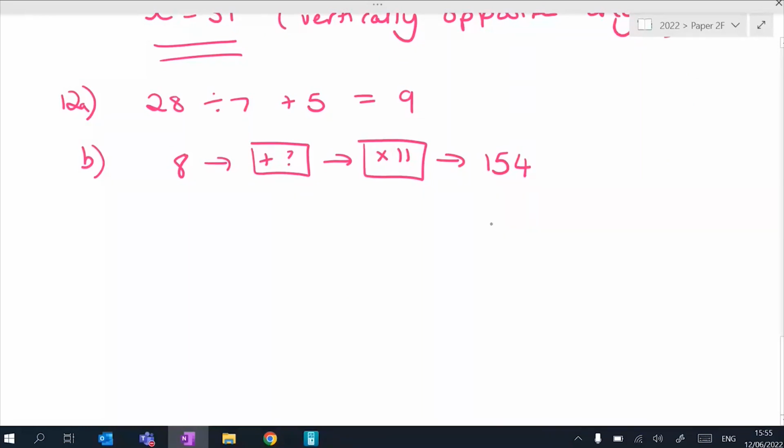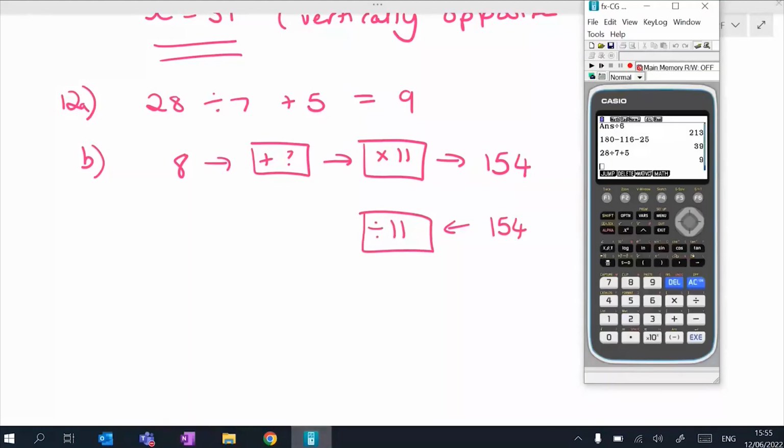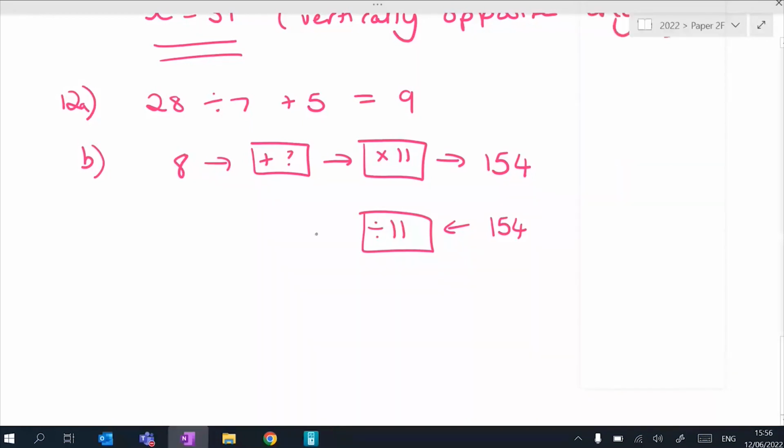okay, 154, I'm going to divide by 11. So we're going to do the inverse operation. Okay, so that part there gets me 14. If I'm working backwards, I'm going to have to subtract something to end up with 8.